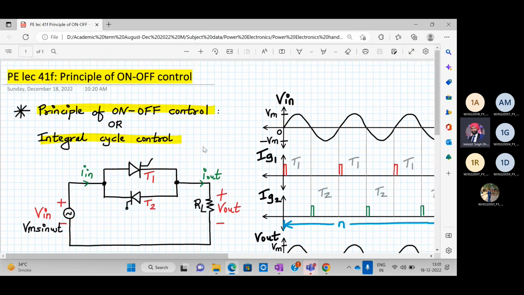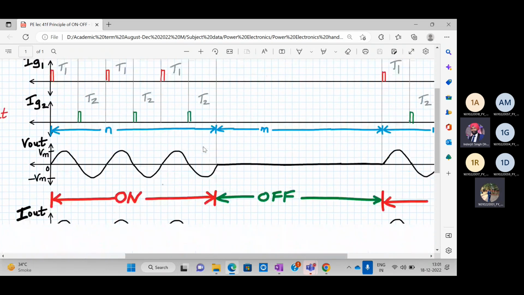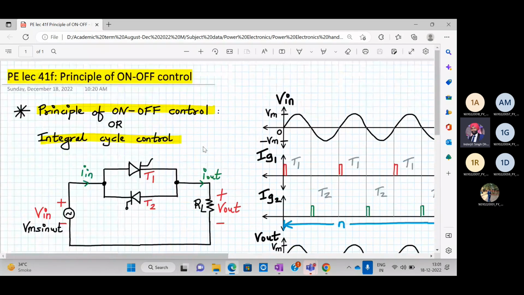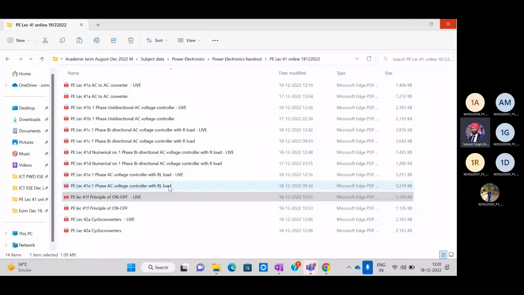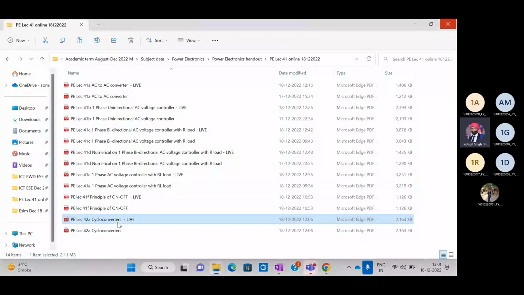Principle of on-off control. Now next we are moving on to the cycloconverter. Quickly, tell me if you have understood or not. Yes, sir. Okay, you can go through it at your own pace. I will be providing these PDFs.